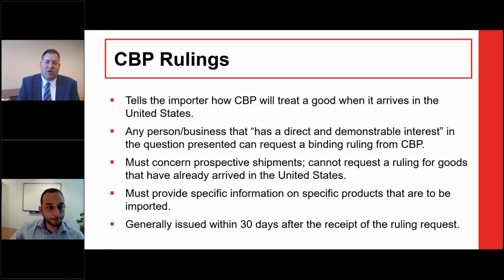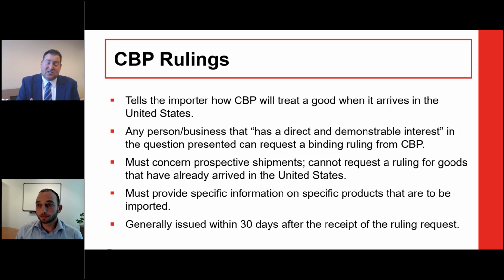Tell us if we're right or wrong. They'll tell you if you're right or wrong. They don't always tell you, if you're wrong, how to fix it. Sometimes, depending on the particular officer, you may see a guidepost along the way. But you typically will get those within 30 days after receipt of the ruling request. They tend to go a little bit longer these days.